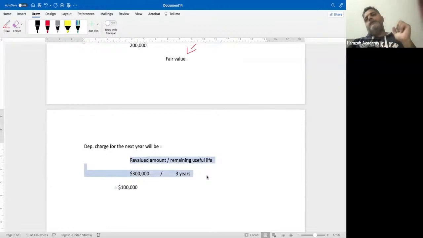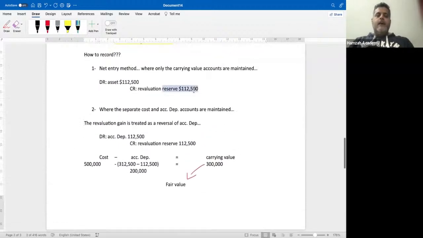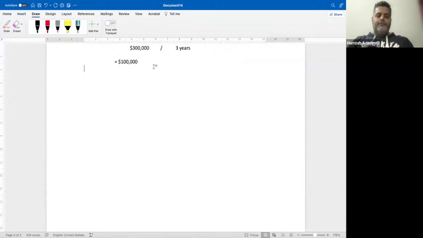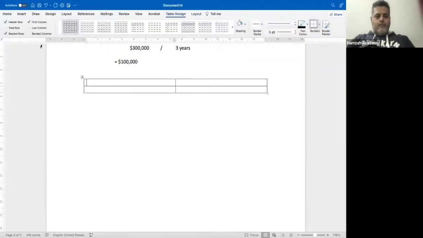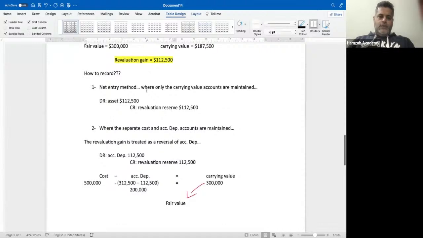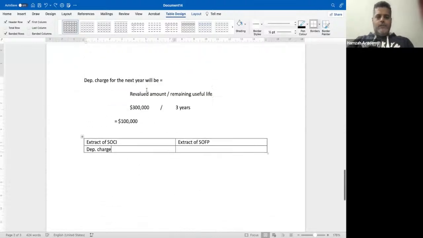Now, moving ahead from here, the next point that we have over here is the revaluation reserve. If I try to create an extract of statement of comprehensive income, extract of statement of financial position. We had this depreciation charge when we had the revaluation, and the older depreciation charge was 62,500.